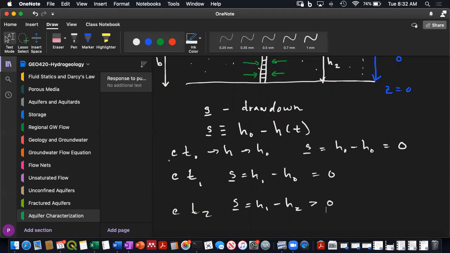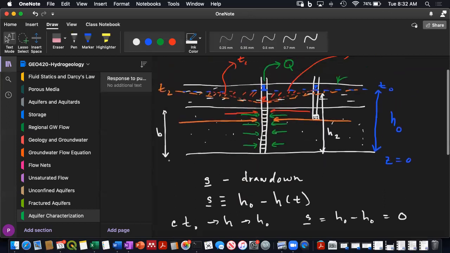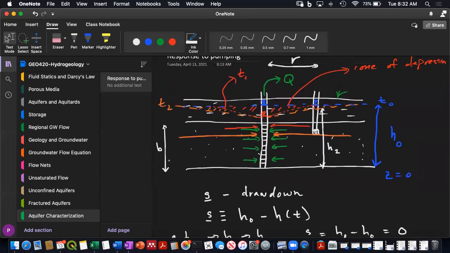Okay, so an important thing with drawdown, it's bounded. Well, I guess it's not really bounded. In a pump test where we're lowering the aquifer table, it usually starts at 0, always starts at 0, and it becomes positive as we lower the water table. You can actually, well, we won't get there. So we'll just say drawdown starts at 0 and usually goes positive. Okay.